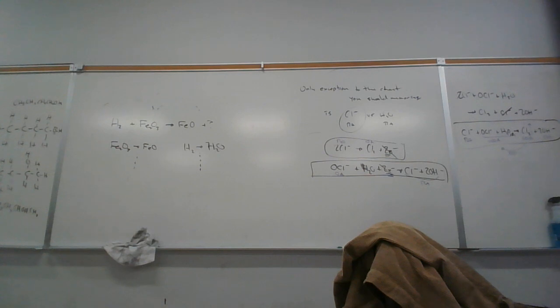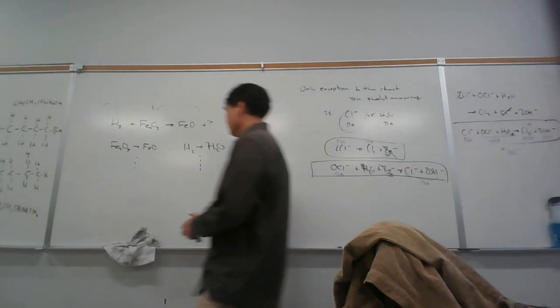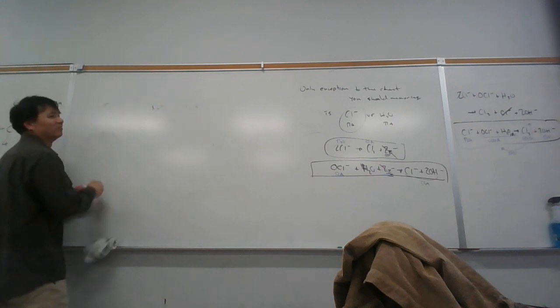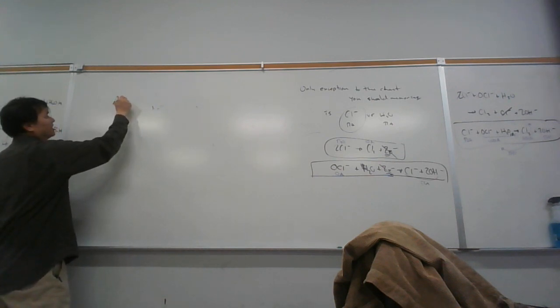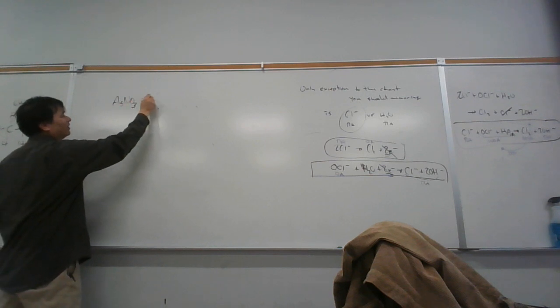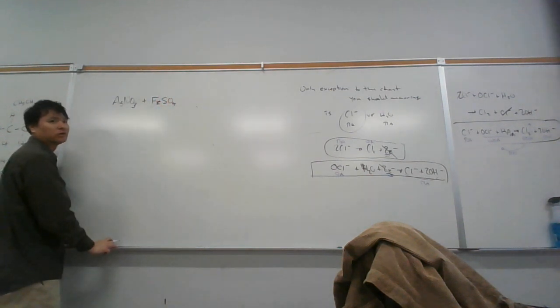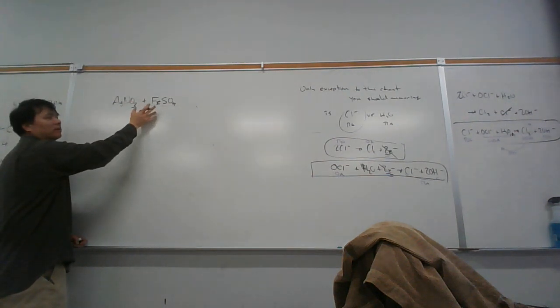We're going to start with this one here, which is silver nitrate and iron 2 sulfate, aka ferrous sulfate. Iron 2 is ferrous. So if we have silver nitrate and ferrous sulfate, what forms?